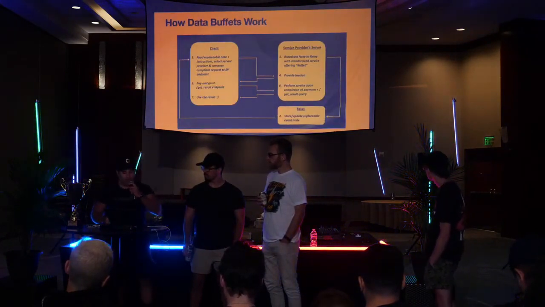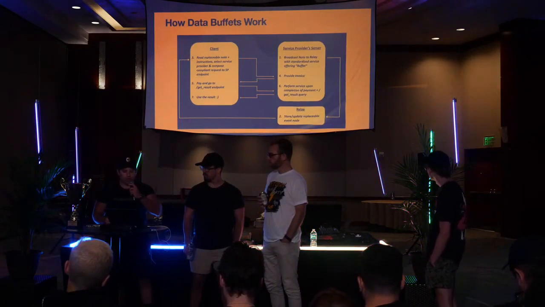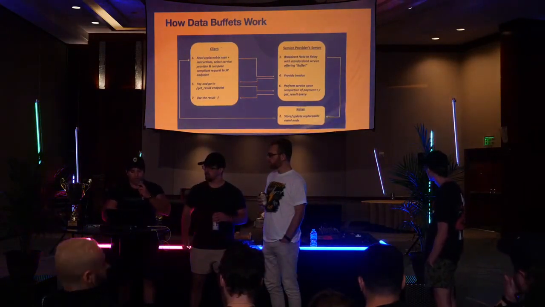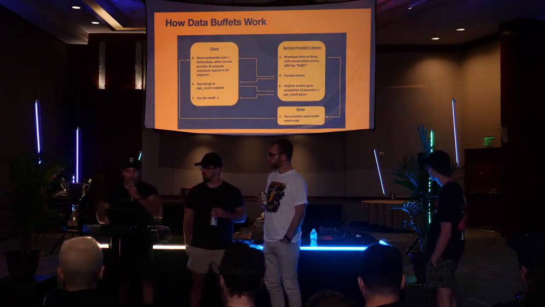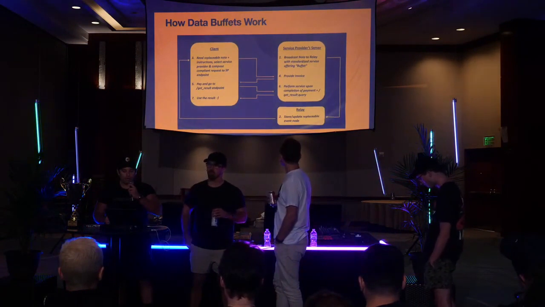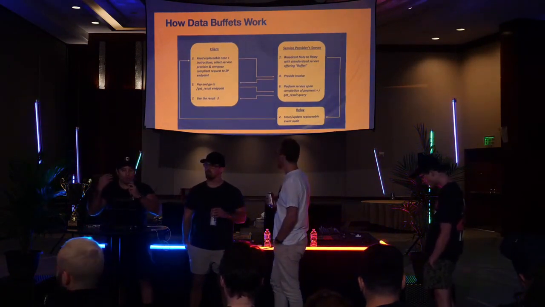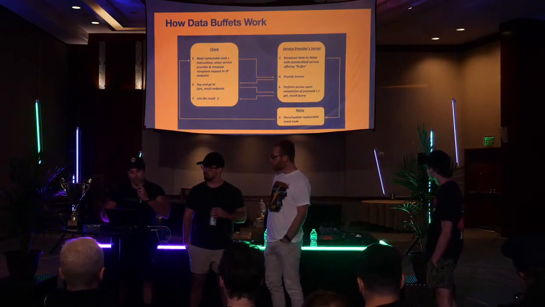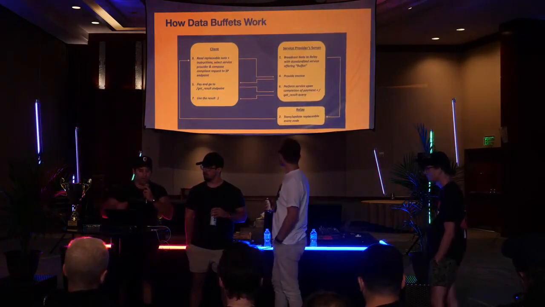So the way data buffets work: we have three entities. We have the service provider in the top right, the relay in the bottom right, and the client on the left. First, the service provider will broadcast its offerings, or buffet, of L402 services that it's willing to provide. The relay takes those up and stores them. The client can then read those.